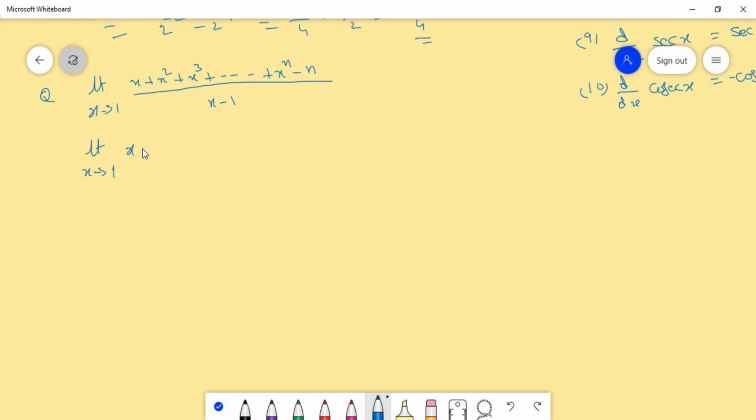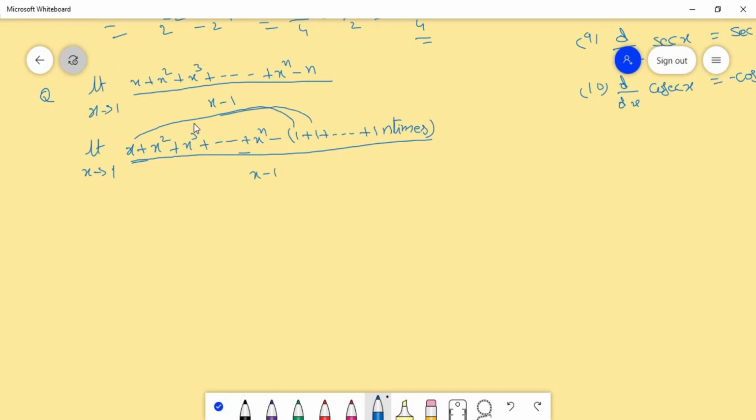Here what I am doing, x plus x square plus x cube plus and so on x power n, minus of 1 plus 1 plus and so on plus 1, n times, whole divided by x minus 1. Here we will take like this. This one is here, this one is here. Like that I will take. Then x tends to 1.